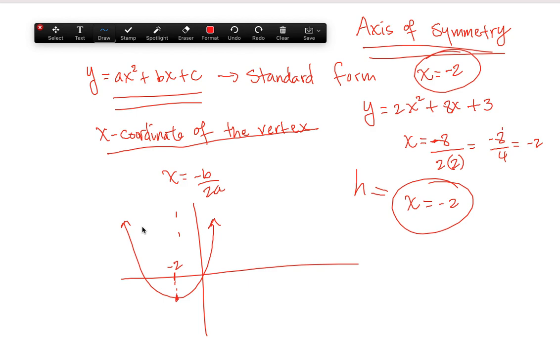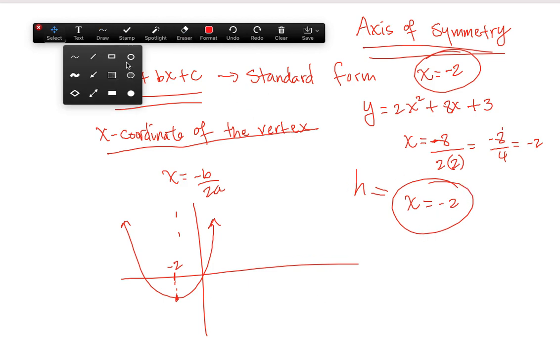So, in the vertex form, the k is automatically the maximum or the minimum value. And we say or because it depends if it's facing up or facing down. Now, in this form, we had to do this minus b over 2a to find the x-coordinate of the vertex. So how do we find the minimum value, which is the y-coordinate of the vertex? So we have to plug in this x-coordinate of the vertex.